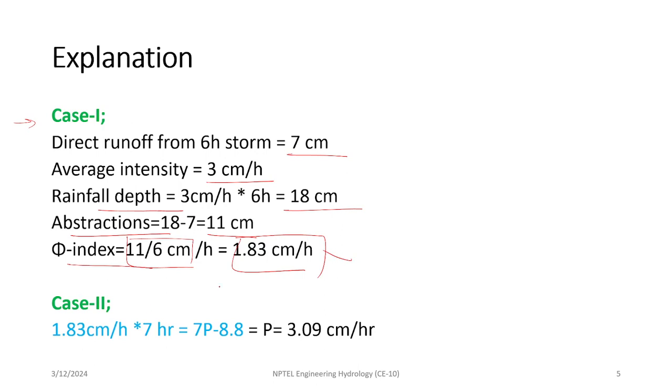Now how are we utilizing this in the next case? We take this phi as mentioned in the question itself, that abstraction is the same. So phi index will be the same for both cases. Are you getting this answer? Sorry, this will not be P, this will be I. So I you will be getting as 3.09?